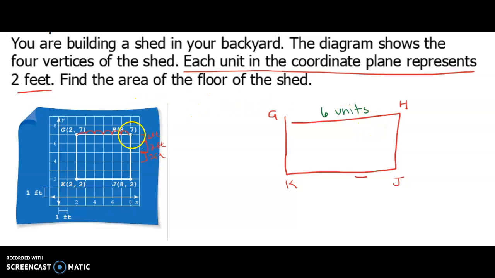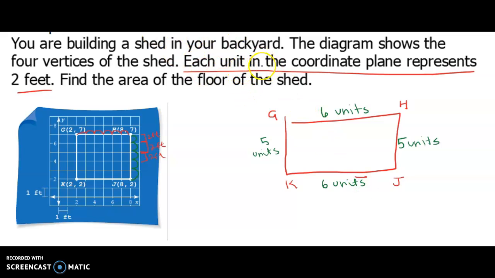Okay, and if I count 1, 2, 3, 4, 5, this is 5 units, which means this is 5 units, and this is 6 units.